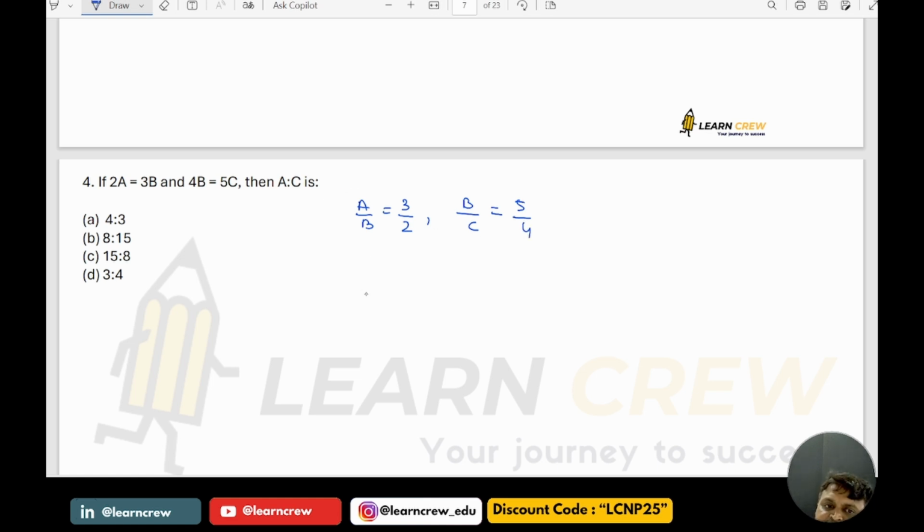You need A is to C. I will do it the same way as I did A by D. A by C is A by B into B by C. A by B is already known as 3 by 2 and B by C is 5 by 4. So it is nothing but 3 5s are 15, 2 4s are 8. So 15 is to 8 is the answer.